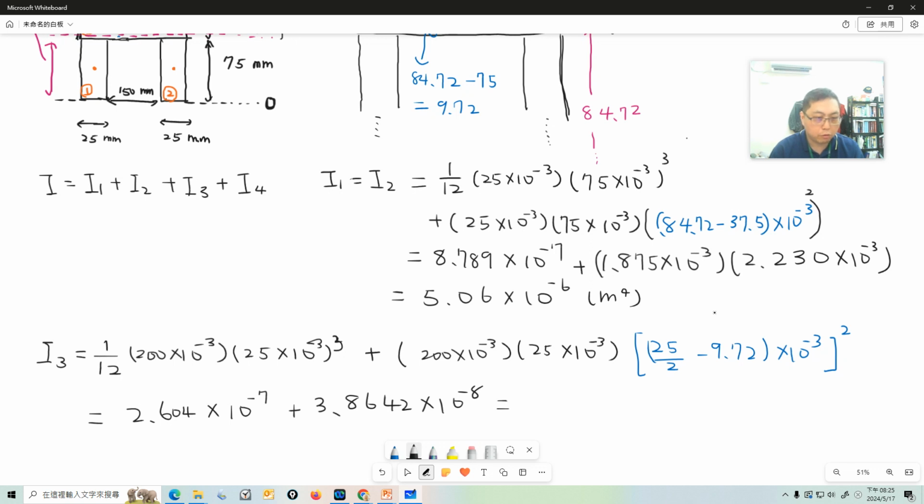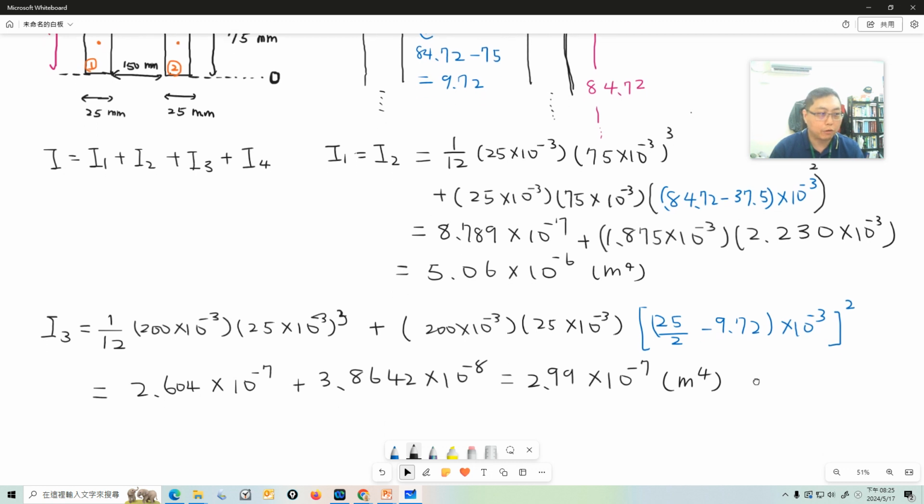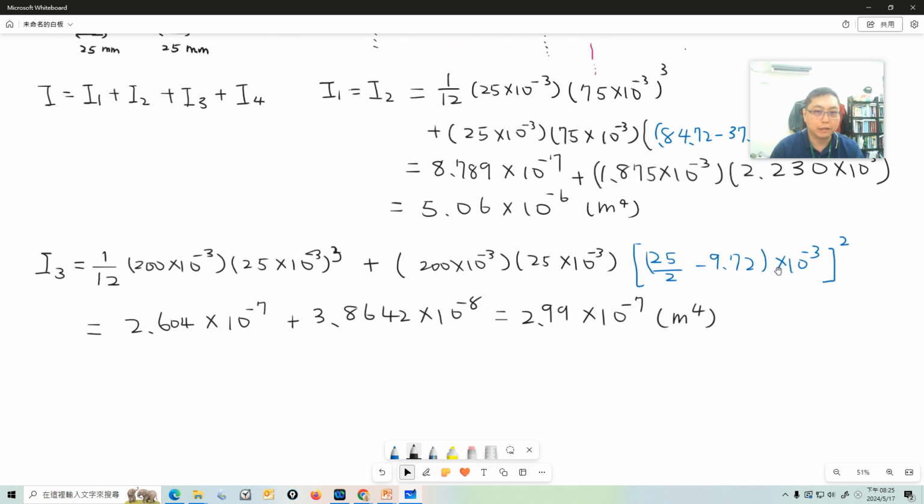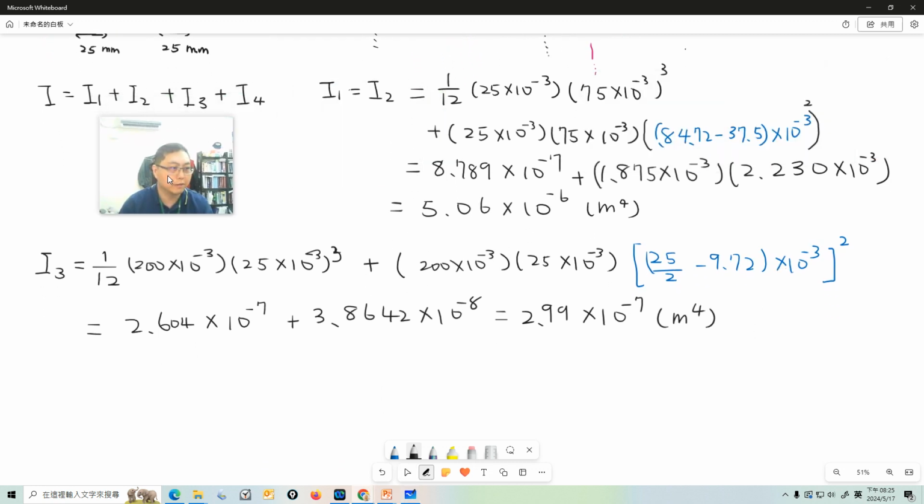So finally, you will get 2.99 times 10 to the power minus 7 m^4. That's your I3. The final part, what's your I4? It's not finished yet.